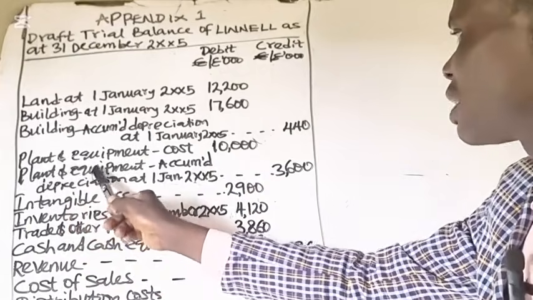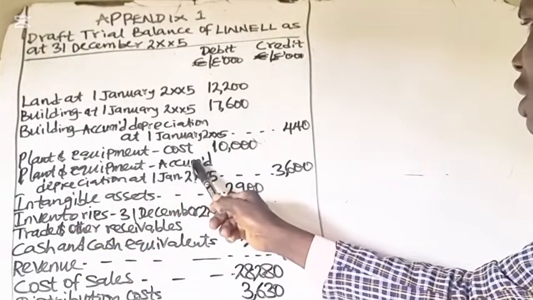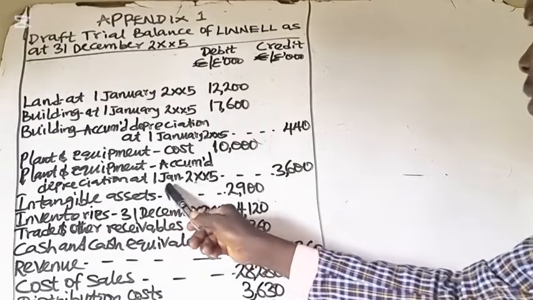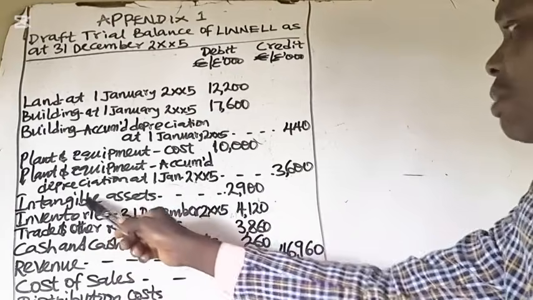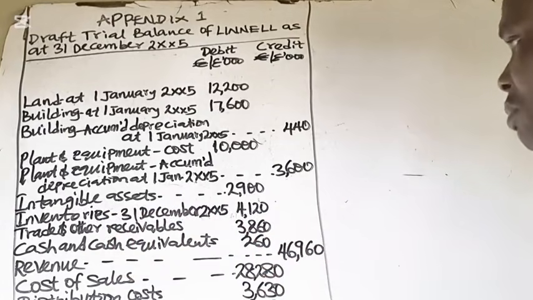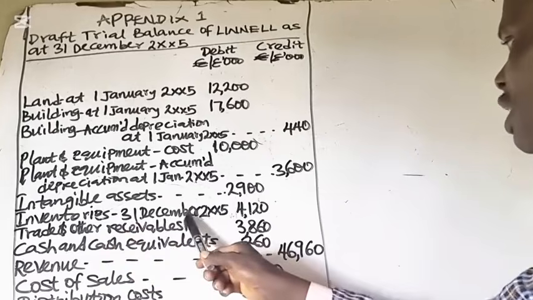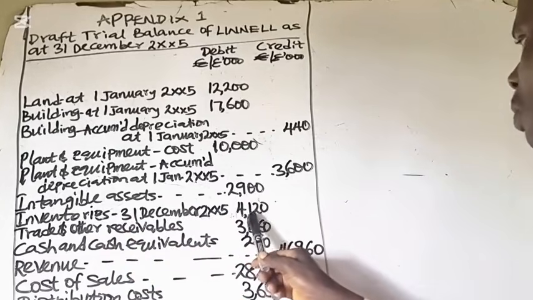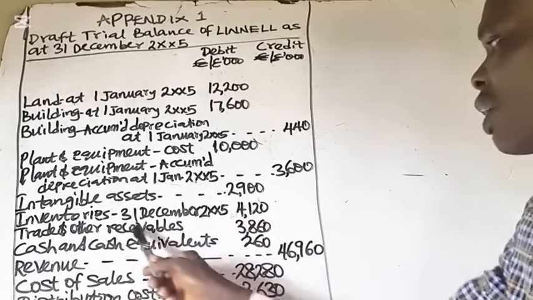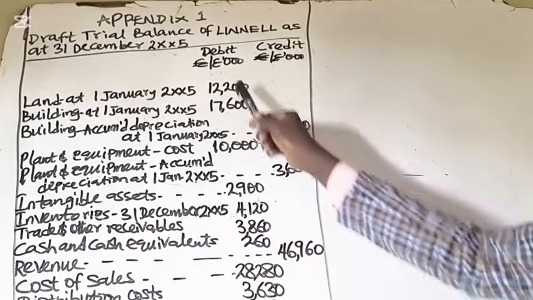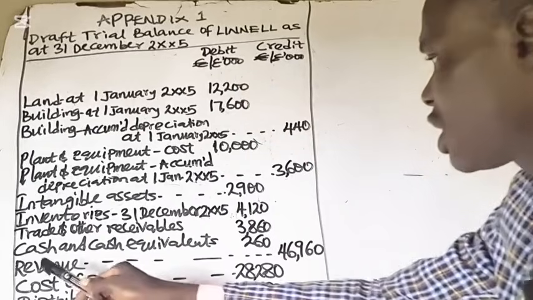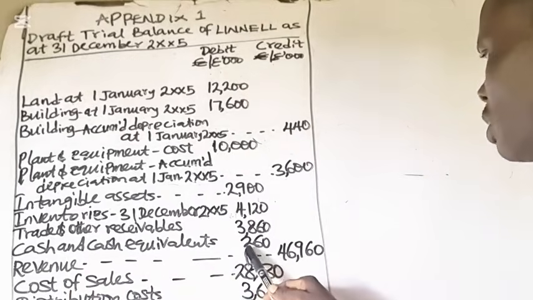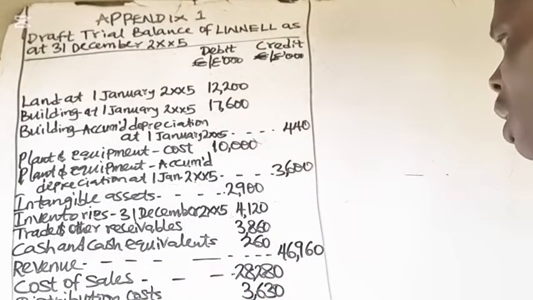Plant and equipment accumulated depreciation at 1st of January 2005, 3,600. Intangible assets, 2.9 million. Inventories at 31st of December 2005, 4,120,000. Trade and other receivables, 3,860,000. No, there are triple zeros at the top. So cash and cash equivalents, 260,000.